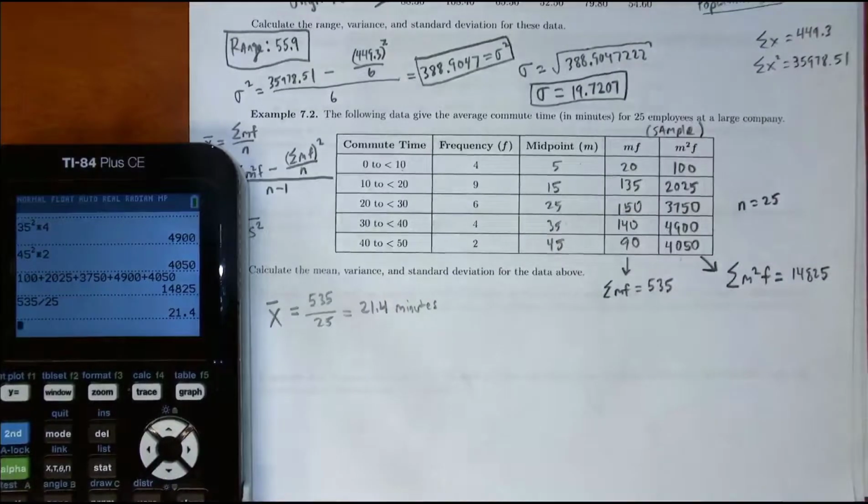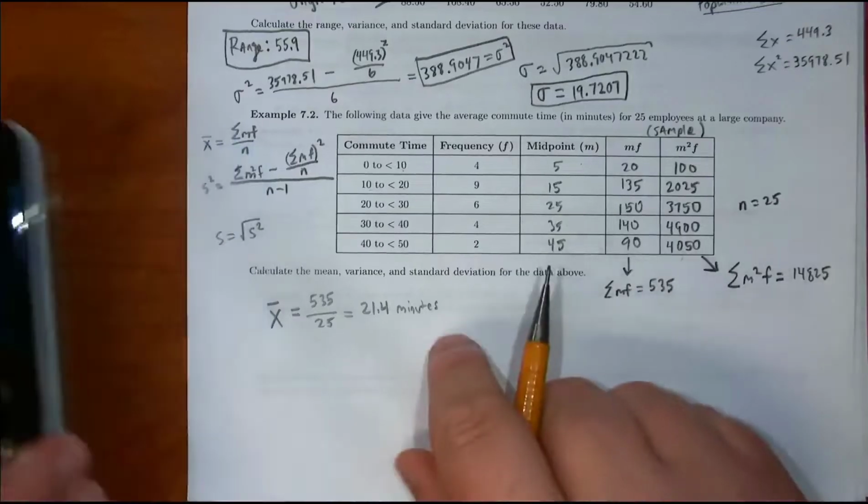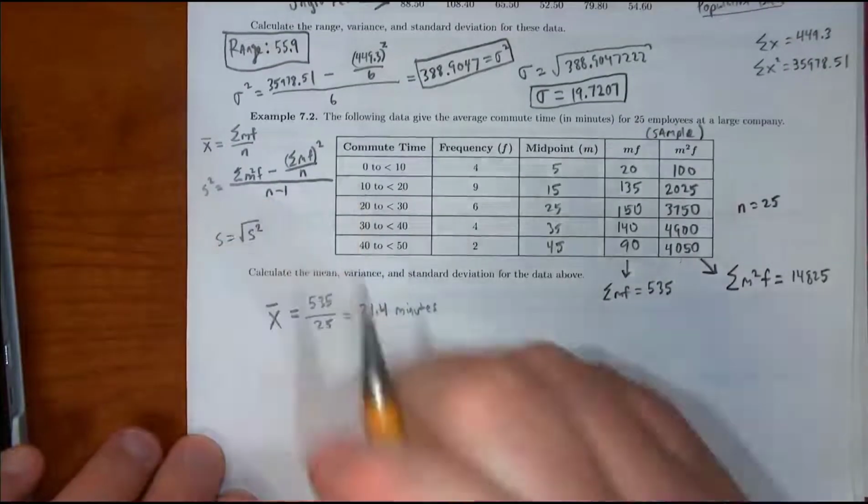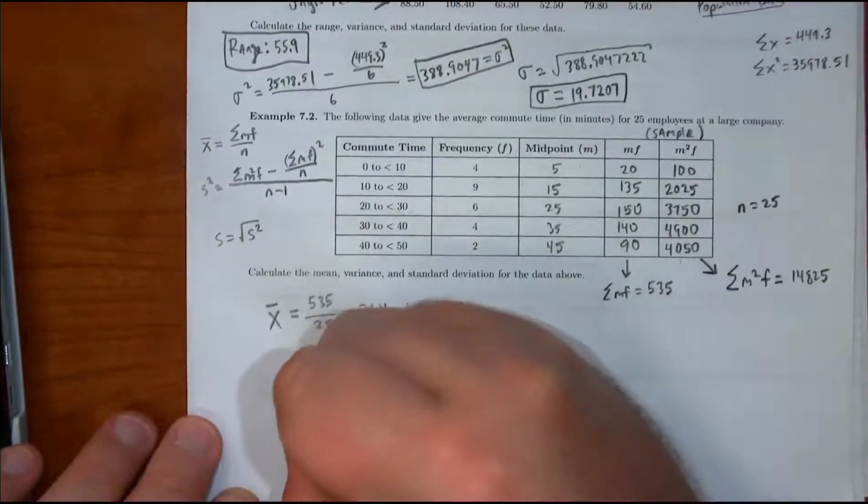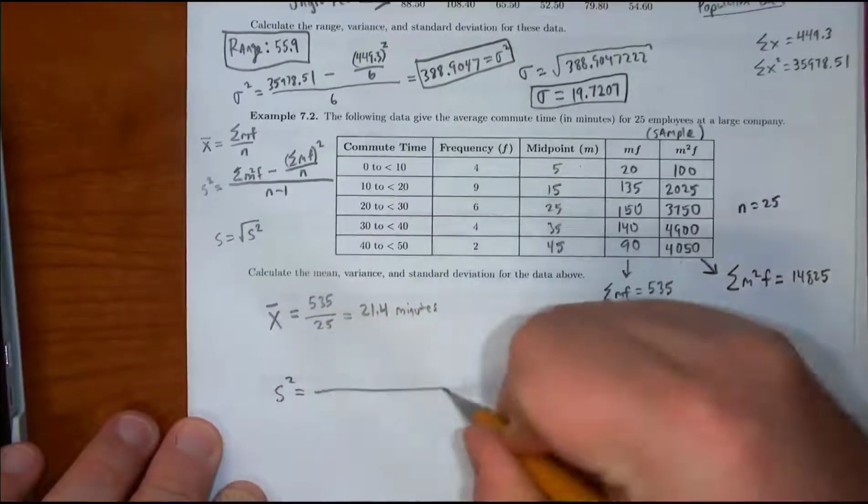Okay. Then we're going to have variance. So we need to use this formula. So s squared is a big fraction.